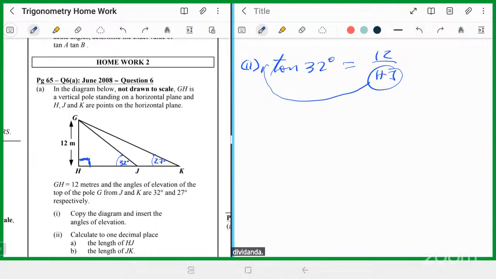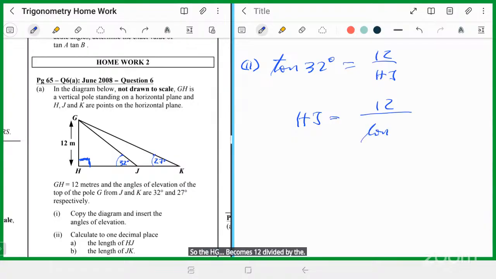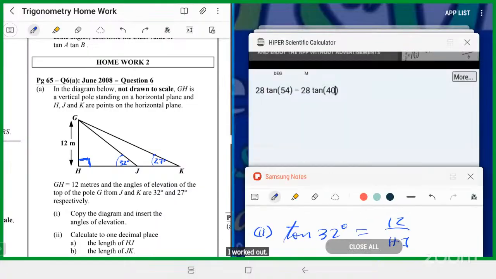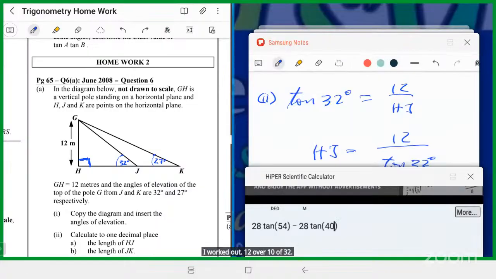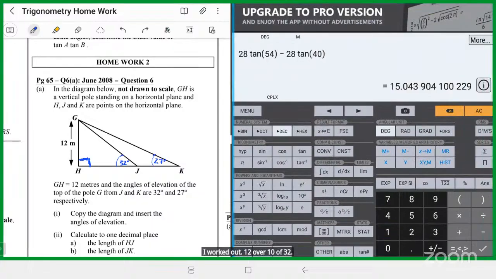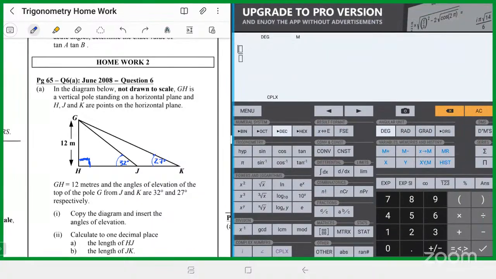We saw those transpositions in class as well. So HG becomes 12 divided by the tan of 32 degrees. That is HG, and we can put that in a calculator and work it out. 12 over the tan of 32 is a fraction. 12 over tan.